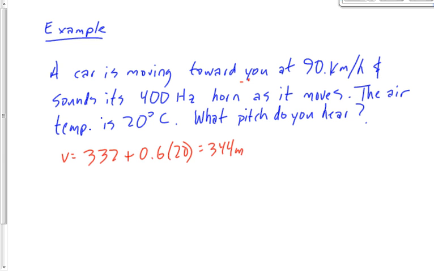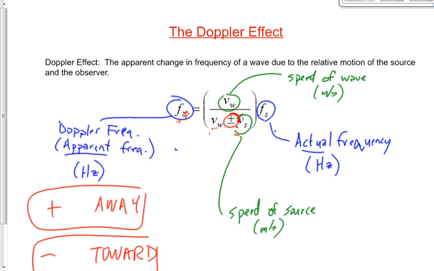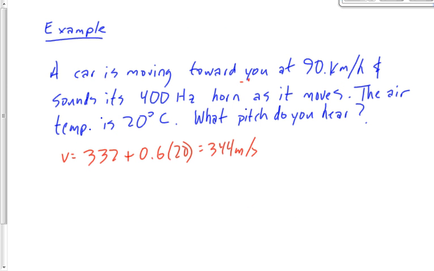Now, there was VW and there was VS. What would this be, VW or VS? VS is the speed of the source. This is the speed of the waves. This can be VW. The speed of the source is 90 kilometers per hour.